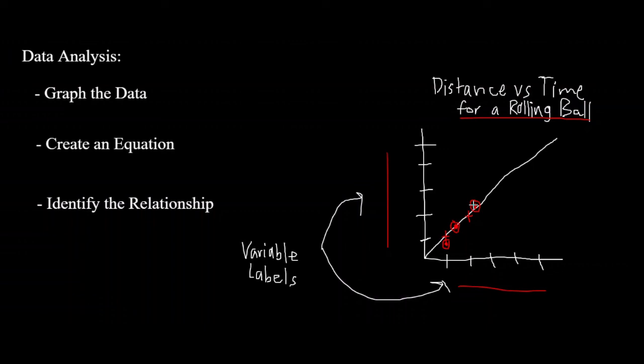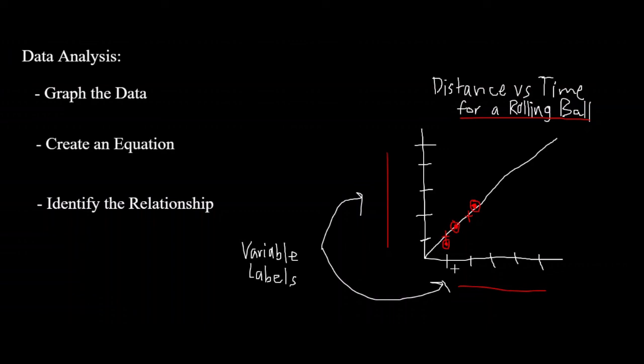So obviously for the equation, I'm going to have to find the slope, which is why I have chosen two different points on my line to find the slope, and then you can create an equation based on that.